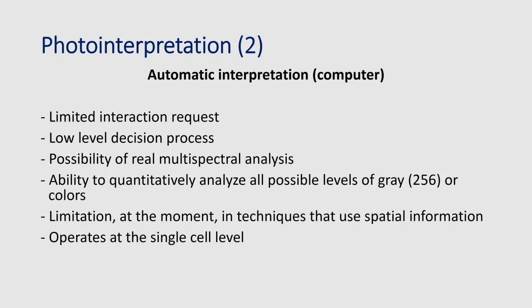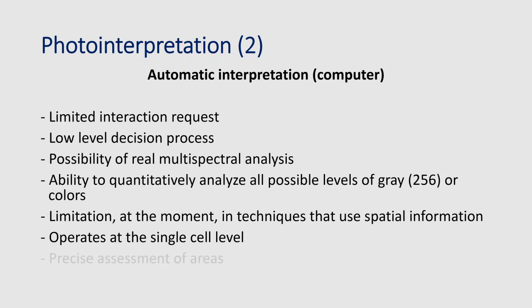The automatic interpretation operates at a single cell level, differently from what the human interpreter does, observing at a very small scale. Here we can work with the vectors of measurements, as we mentioned before, at a single cell level.